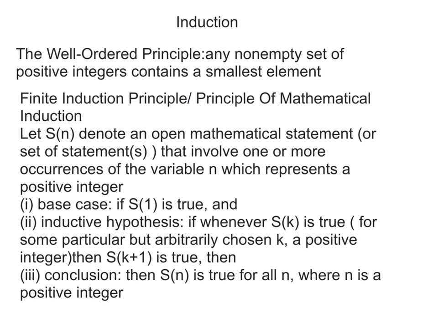Again, the inductive hypothesis is essentially if whenever S(k) is true, then S(k+1) is true. Then, if these two things are true, the base case and the inductive hypothesis, we can conclude S(n) is true for all n, where n is a positive integer.